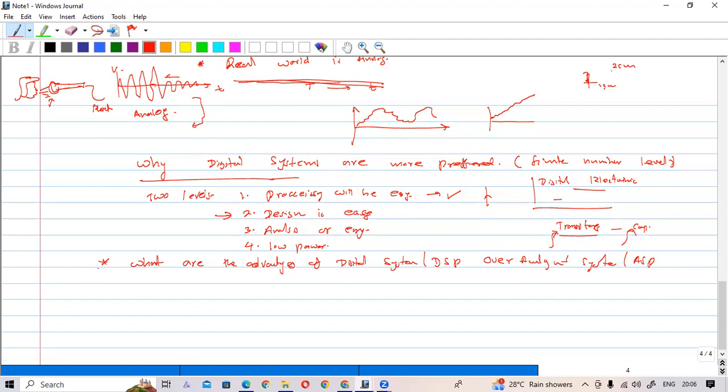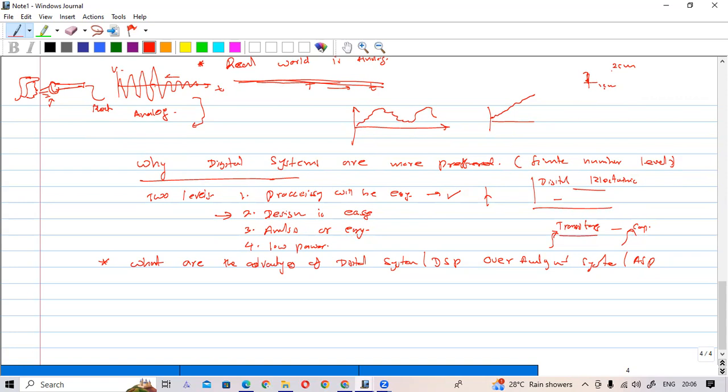So you can explore more. Anyway, these are the basic fundamental reasons that we like to use digital systems rather than analog systems.